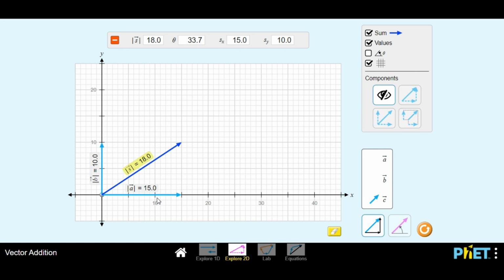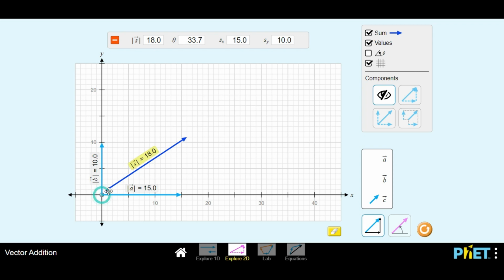So you have to draw it to scale, and you will get the correct answer for the resultant. Get it, everyone? This is how to find a resultant force in a coplanar case, that means in the same plane.